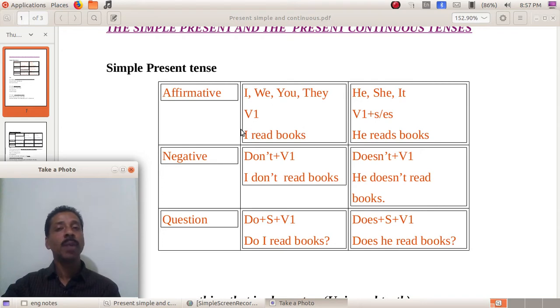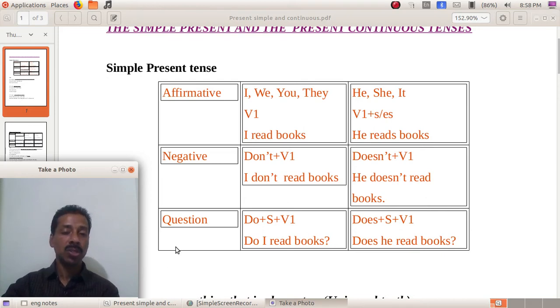And if we have to make it negative, not is to be added with do. So don't plus V1. So that's why: I don't read books. And if it is third person singular, we know that this is the S or ES form, so the same form of do, that is does, is to be used here, and does plus not, doesn't, plus V1. So he doesn't read books.